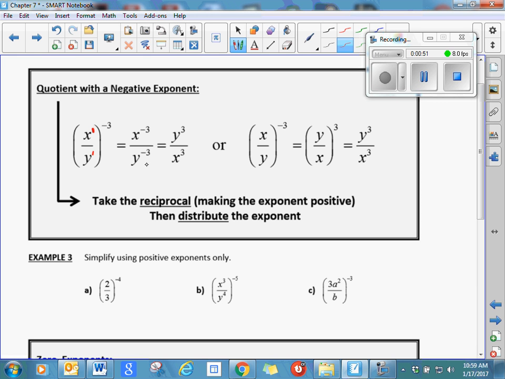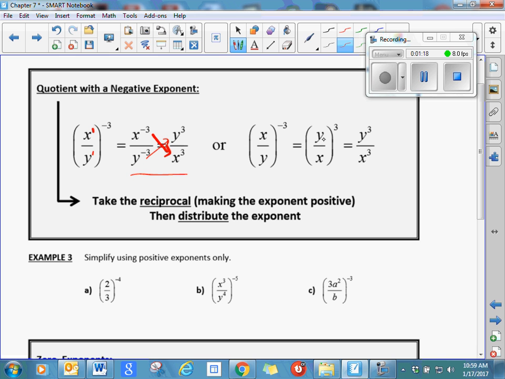But our rule from the last section said, when I have a negative exponent, I can make it positive by taking it, if it's in the numerator, and moving it to the denominator. If it's in the denominator, I move it to the numerator. So this is our answer, but look what we can do without having to do all of this work here.